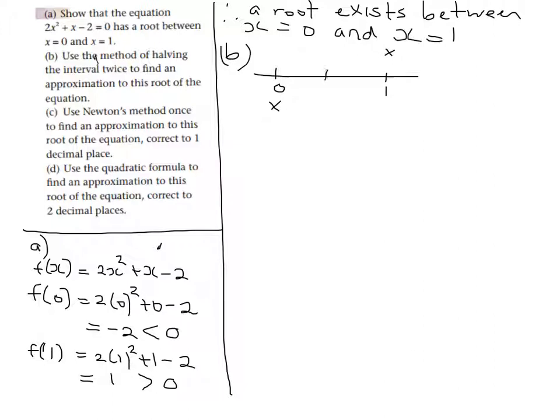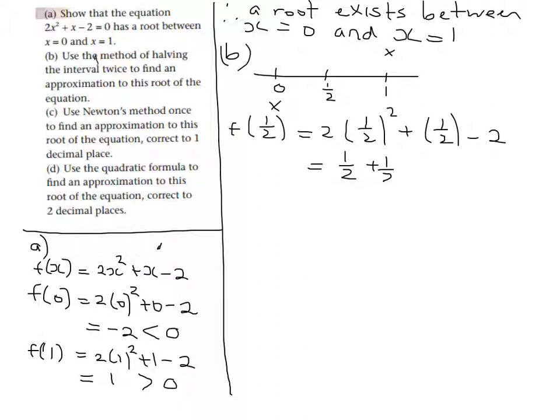So halving the interval, and sub in f of a half equals 2 by a half squared plus a half minus 2. Half squared is a quarter, 2 times a quarter is a half, plus a half minus 2. So it's 1 minus 2, which is negative 1, less than 0. So f of a half is less than 0.